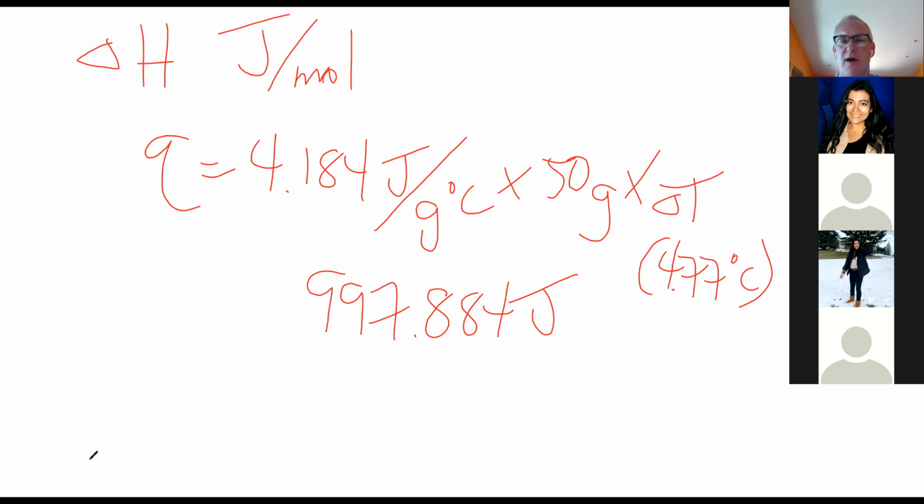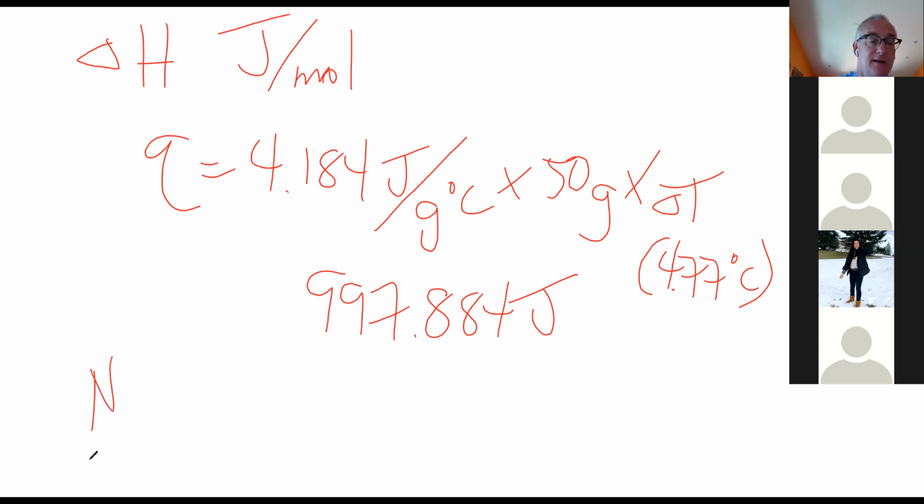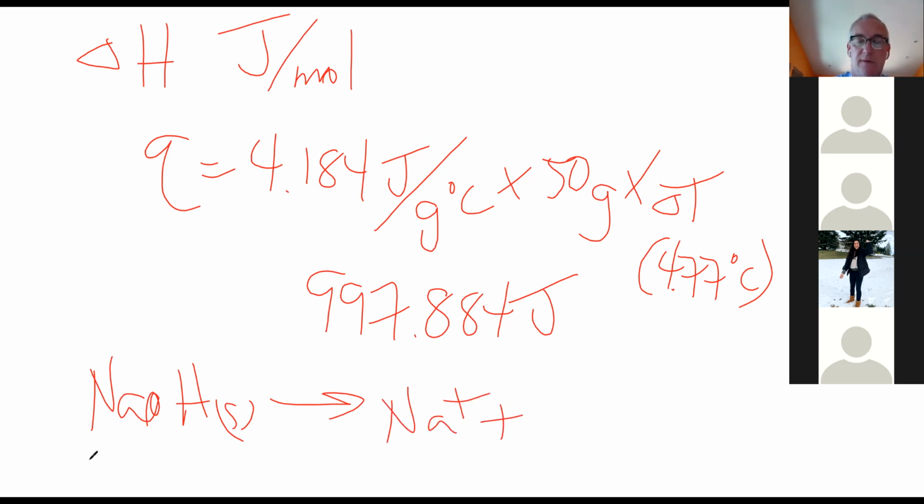Moles of NaOH, because that's my reaction, right? My reaction is the solid goes to H plus and OH minus, both aqueous. That's my reaction. And so I need moles of sodium hydroxide.